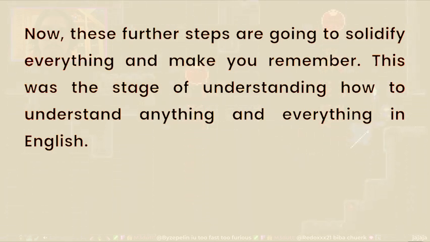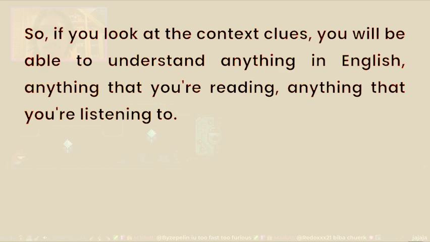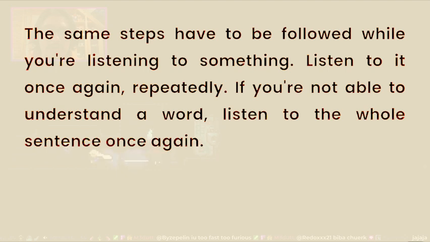This was the stage of understanding how to understand anything and everything in English. So if you look at the context clues, you will be able to understand anything in English, anything that you're reading, anything that you're listening to. The same steps have to be followed while you're listening to something.